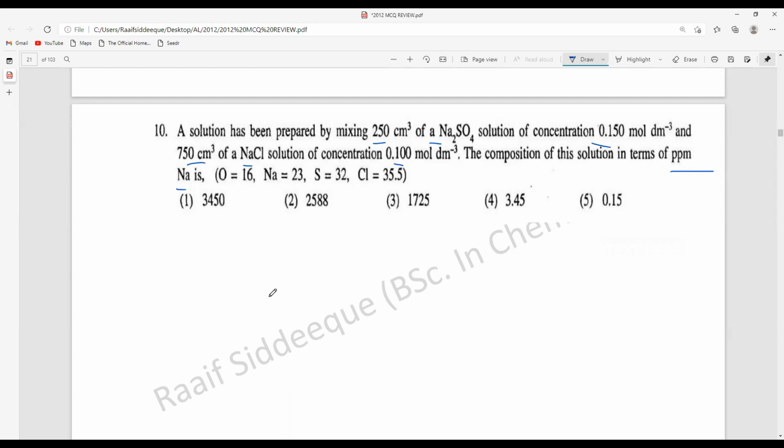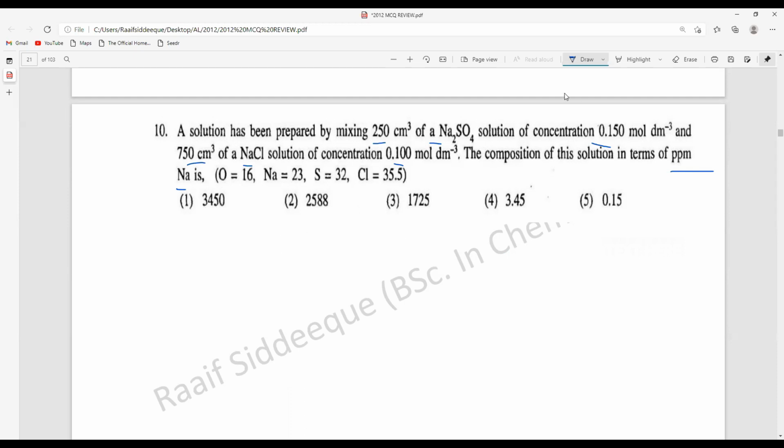Try to first understand what is ppm. ppm means parts per million. So if we have a million atoms, how many atoms are sodium in the solution?